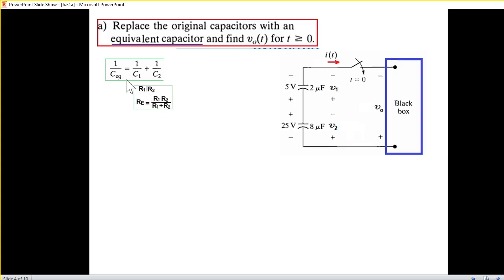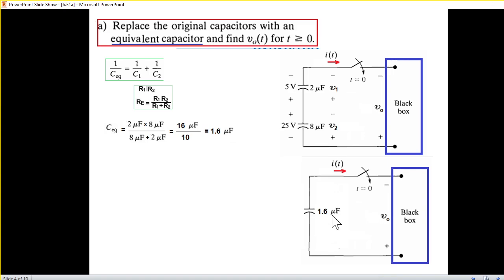We'll use the same formula for the capacitors. So C equivalent is the multiplication of the two capacitors divided by the addition of the two capacitors, and the answer after solving will be 1.6 microfarad. So we can replace these two capacitors by a 1.6 microfarad capacitor. We found the equivalent capacitor.